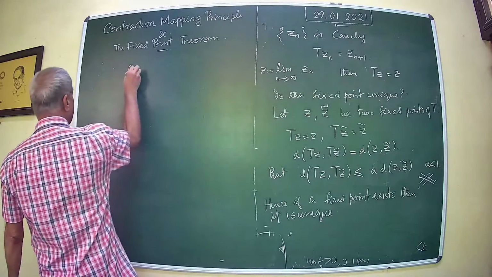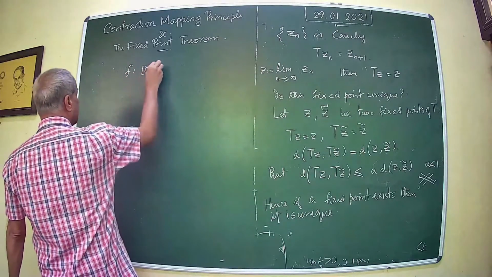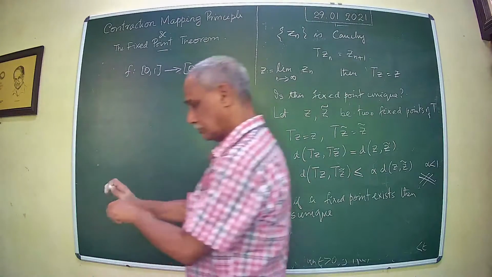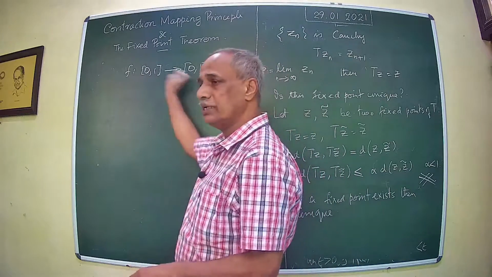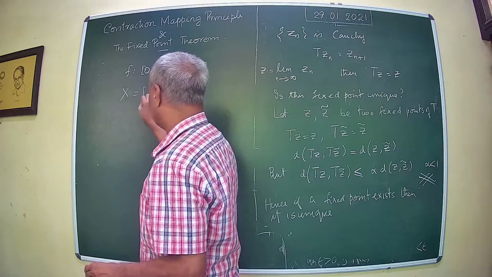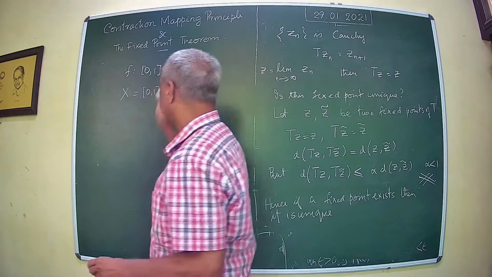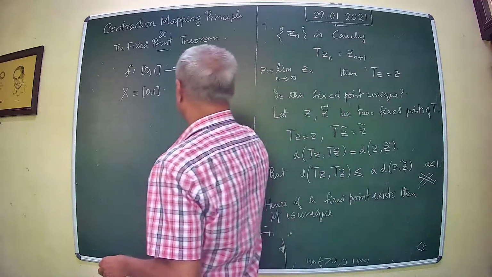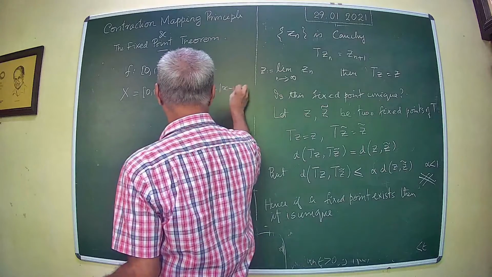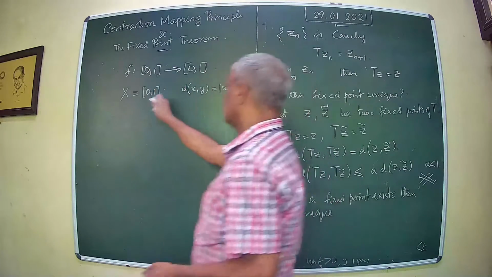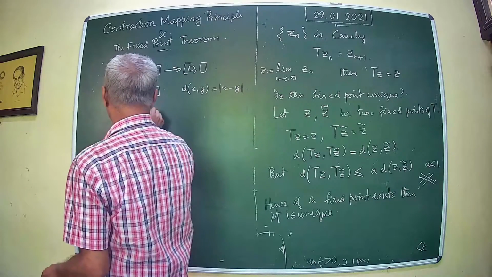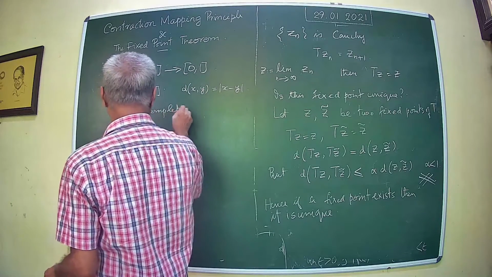F is a mapping from X to X, and you have the usual distance, so your metric space is an interval with the usual distance d. Then you know that X is a complete metric space.